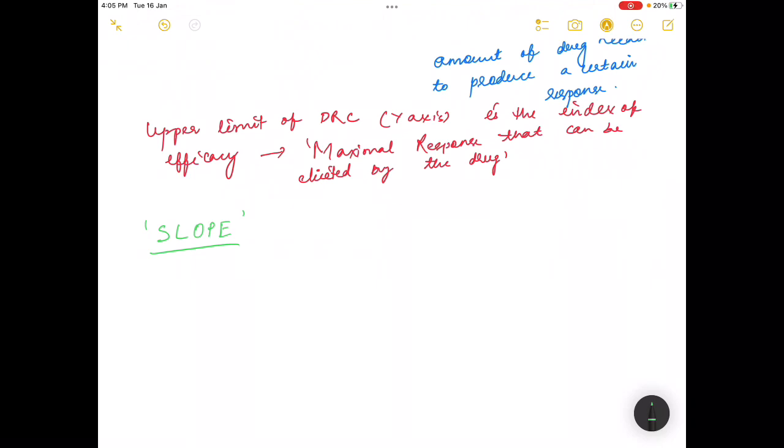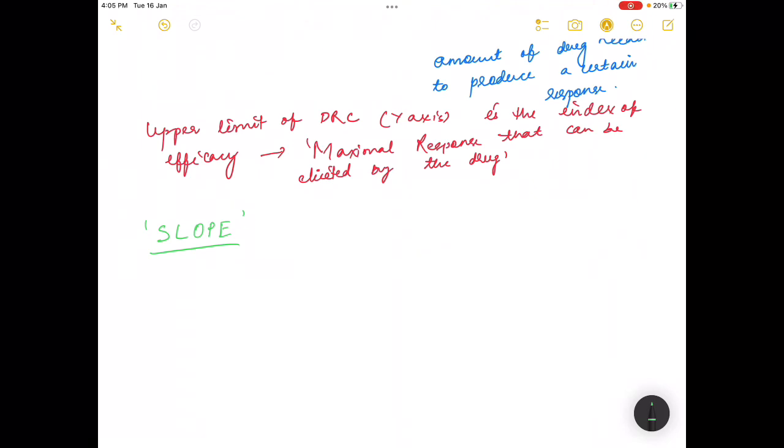So a steep slope of a DRC indicates that with a little increase in the dose, there is markedly increased response. Okay, and a flat slope implies that the little increase in the response will occur over a wide range of dose.